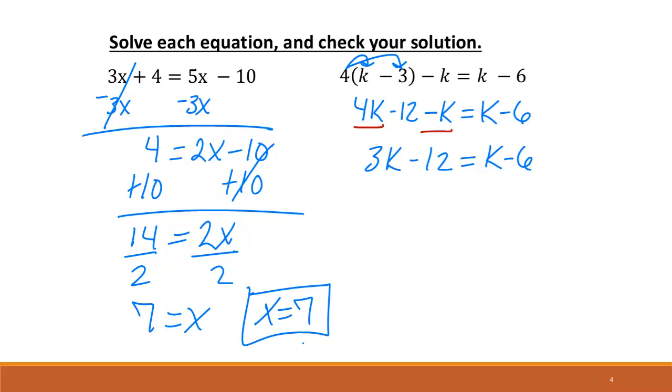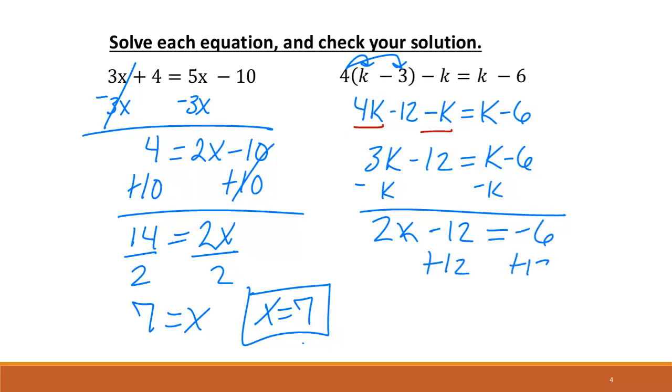Now I'm in the position to move my k's to one side and my whole numbers to the other side. So I would subtract k from both sides, giving me 2k minus 12 equals negative 6. Then I would add 12 to both sides to give me 2k equals 6. And then I would divide both sides by 2.